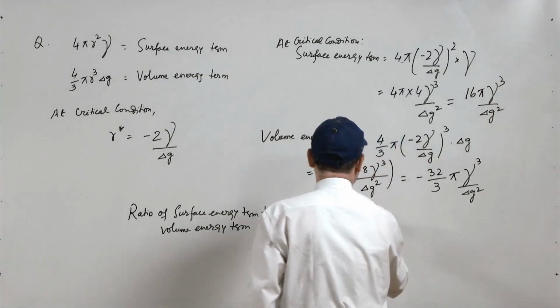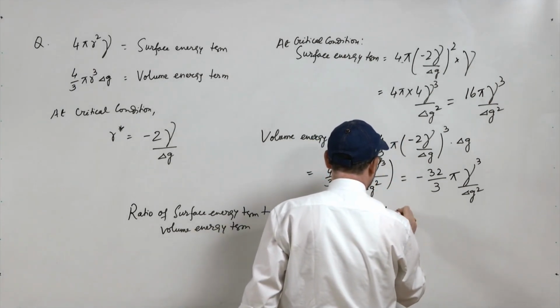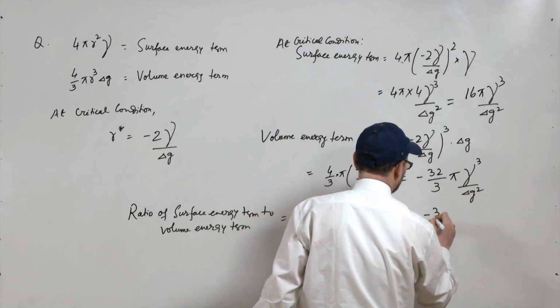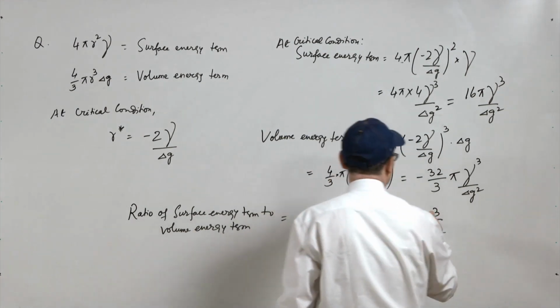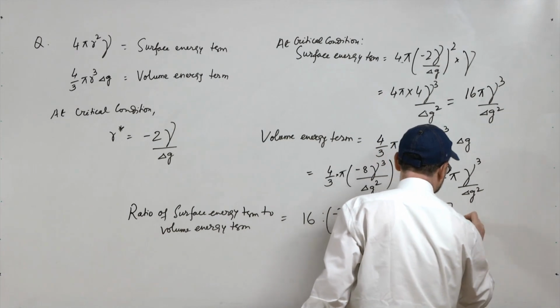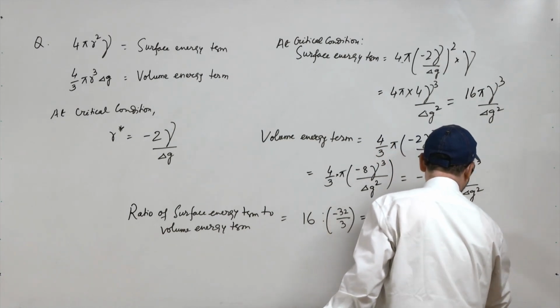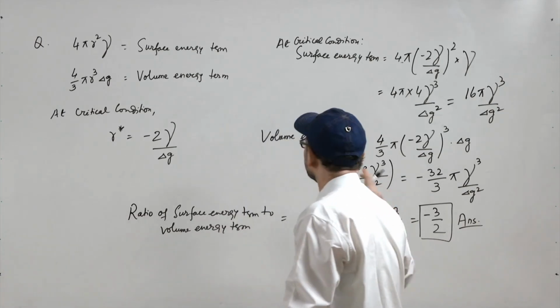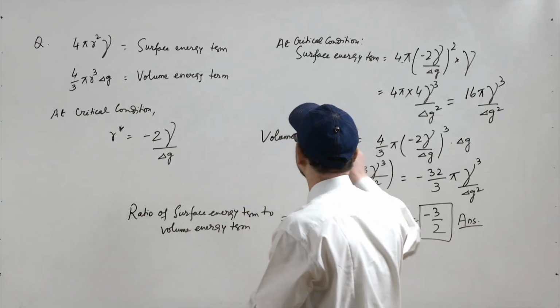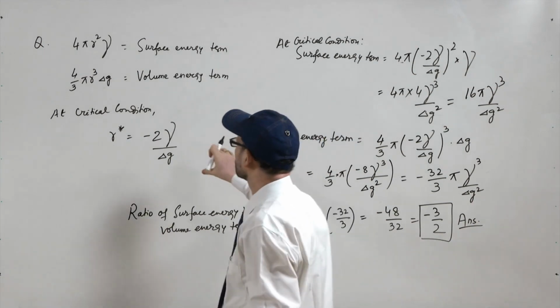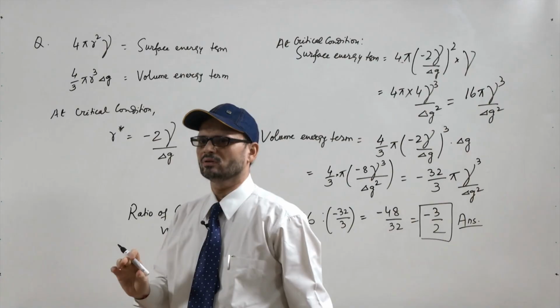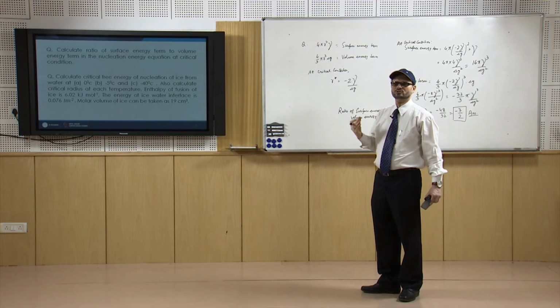So, it will be minus 48 upon 32 and that will be minus 3 by 2. So, this is the answer. What we see is the ratio of the surface energy term to the volume energy term at this particular condition is minus 3 by 2. Now, we will move to the next question.